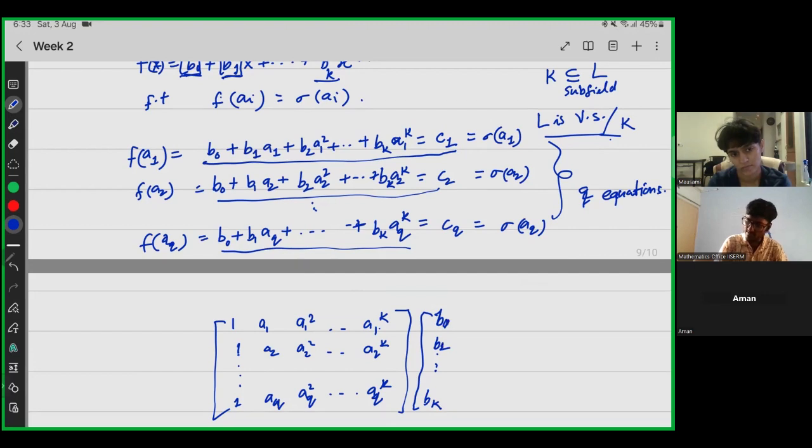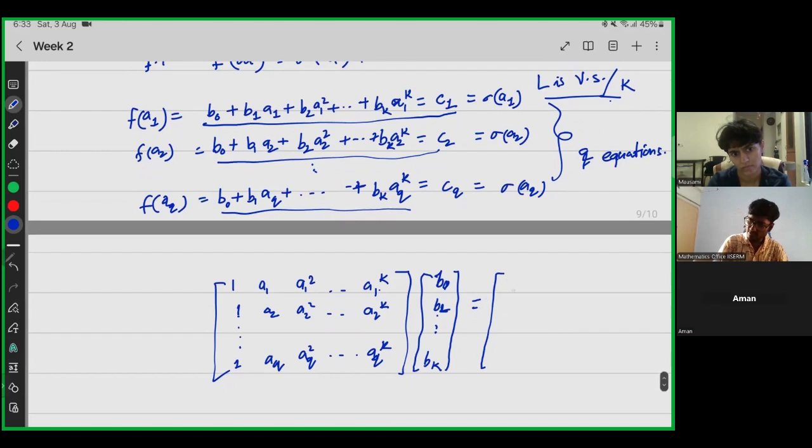Sorry, it started from b0. This is equal to c1, c2, up to cq. Correct? If you calculate these coefficients b0 and so on, then it is done. F and sigma will match, and sigma is just a polynomial function, nothing else, right?